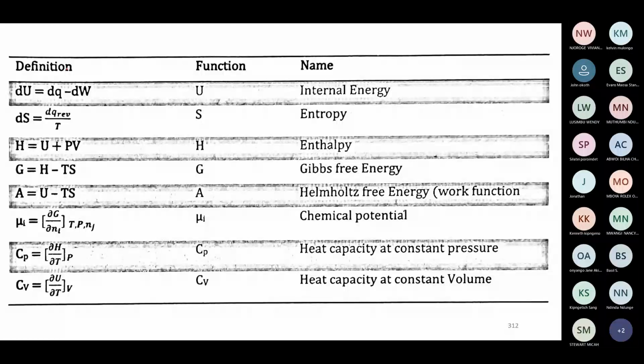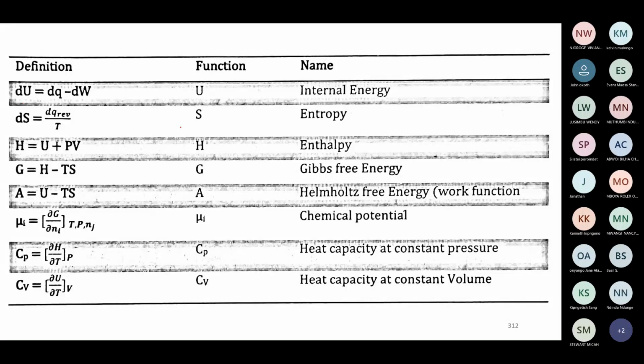Now, in summary, so far we have defined a number of thermodynamic functions. This is just a recap of all that we have covered. We have covered U, that is internal energy, and for that we have this expression from the laws of thermodynamics: dU equals dq minus dw.